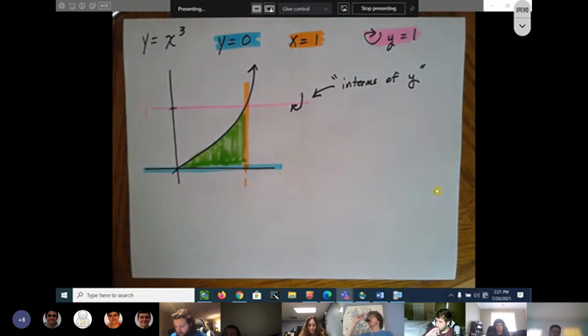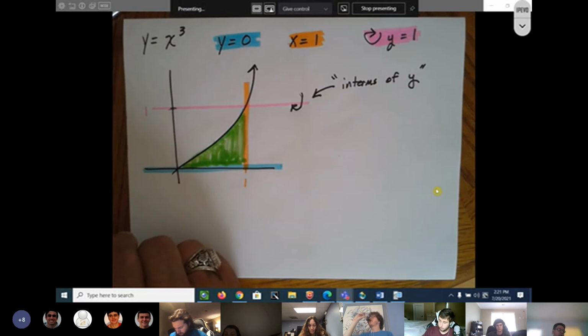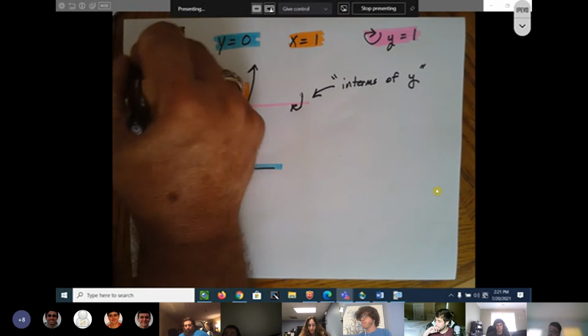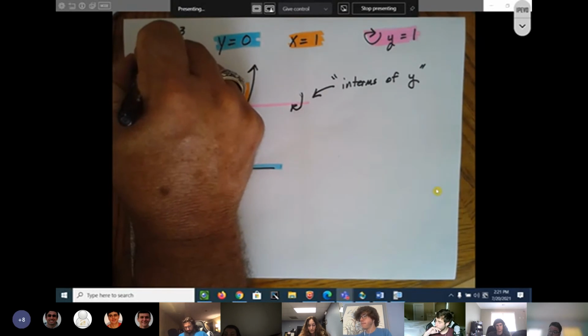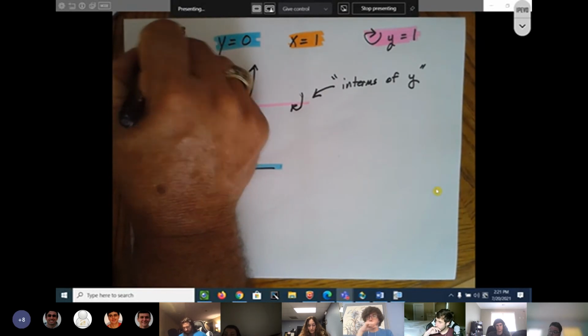So I'm going to take my red marker, and that's y to the 1/3 is equal to x.